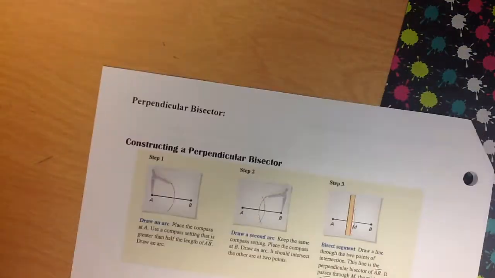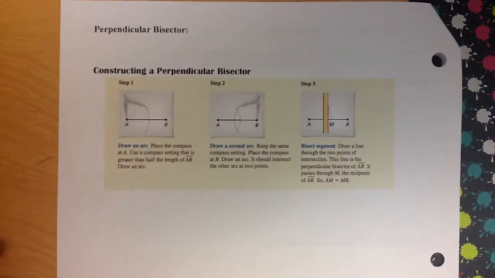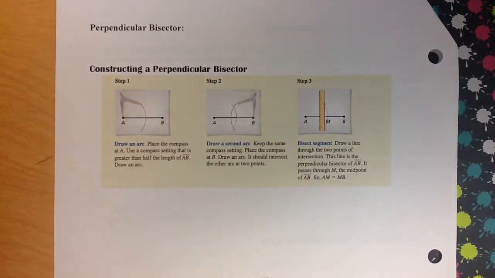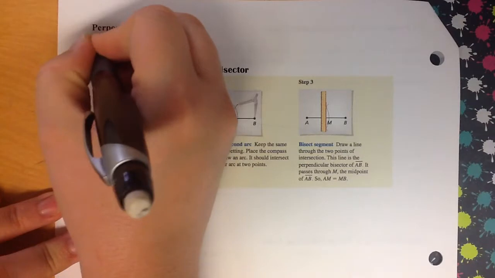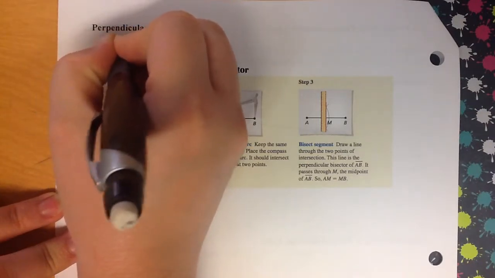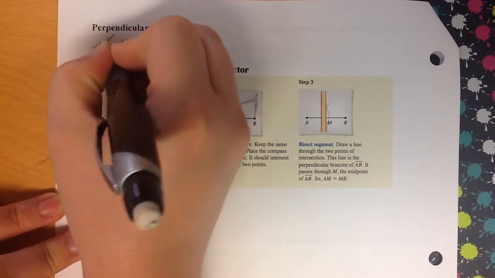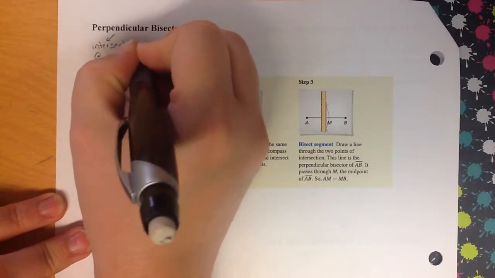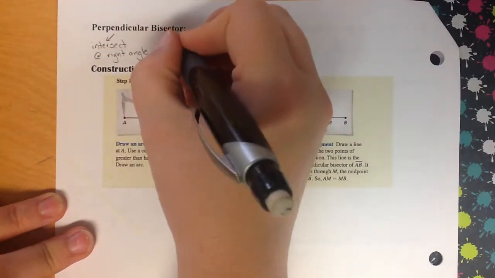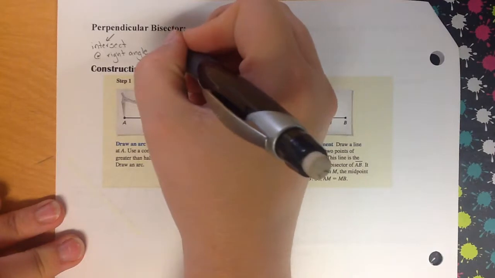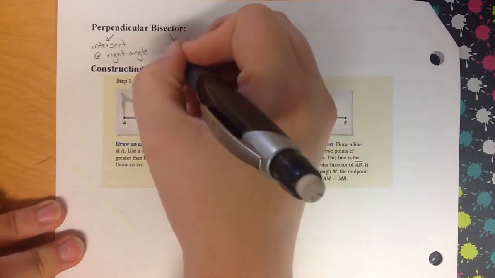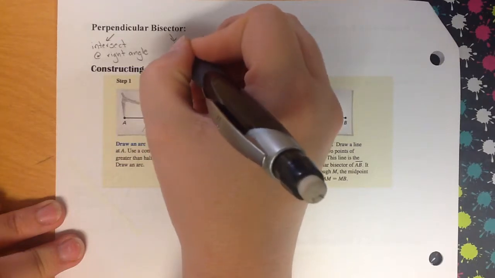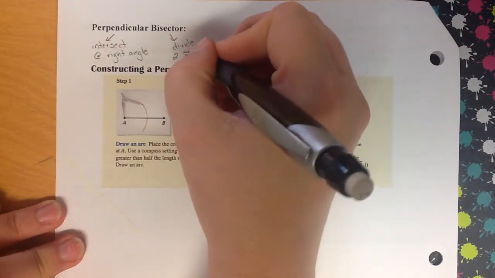Slightly new vocabulary. Really, these 2 words are words we already know. We're just going to put them together. Perpendicular means intersect at right angle. Bisector means divide into 2 congruent pieces.